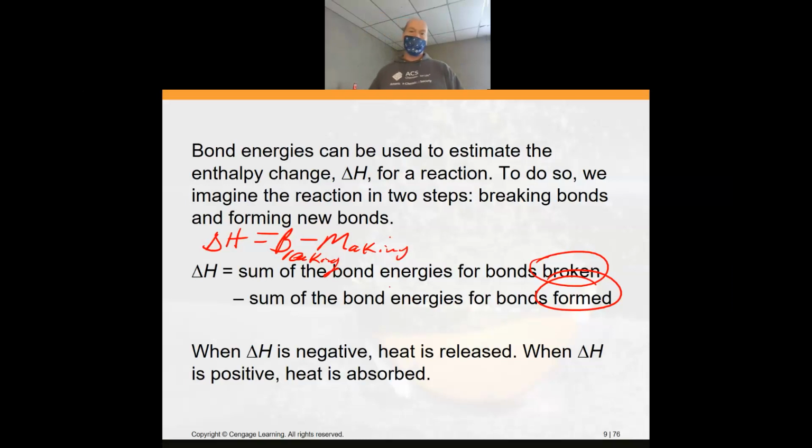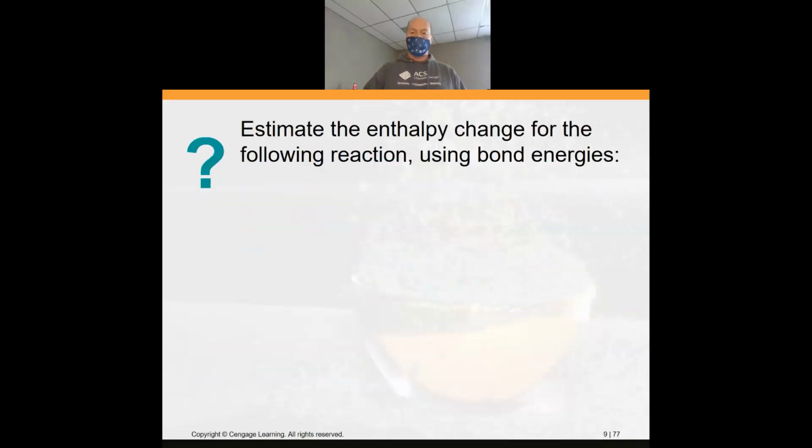I like breaking and making. So it's breaking minus making to find your delta H for these reactions. You're going to have a chart of bond energies, and you have your reaction. You have to break all the bonds. You have to make all the bonds. So you're going to take your energy for the breaking and subtract your energy for the making, and you will have your delta H.